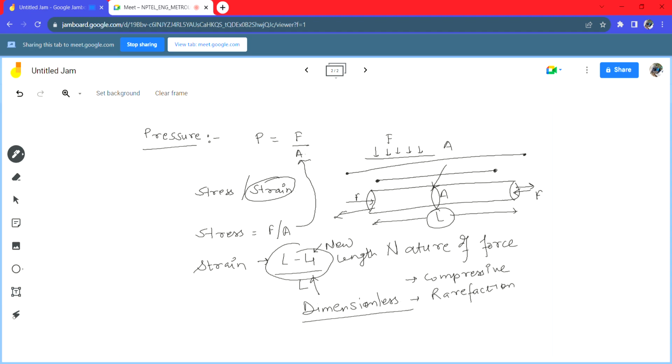And what it represents is the deformation that is caused due to the applied stress.